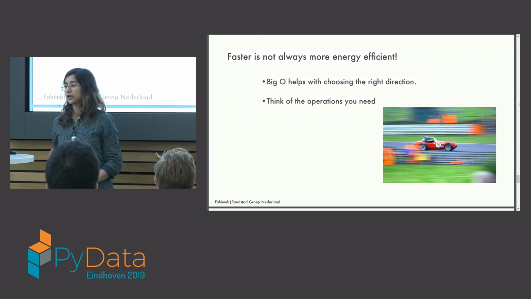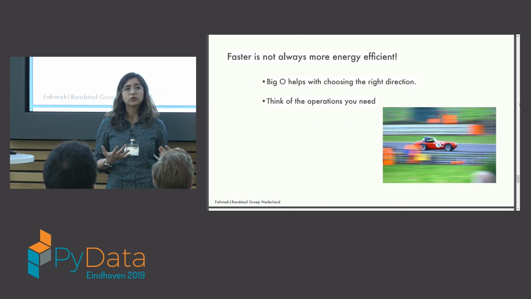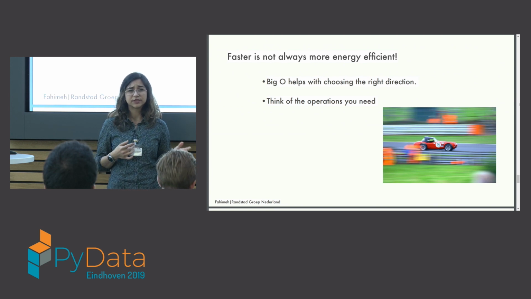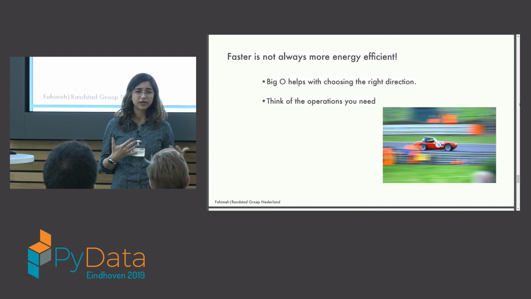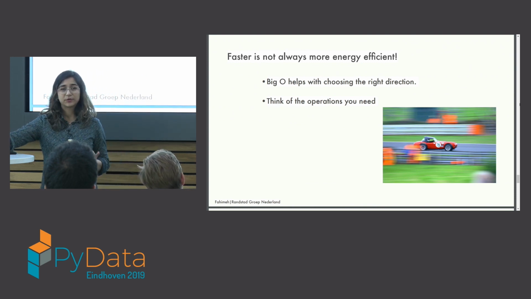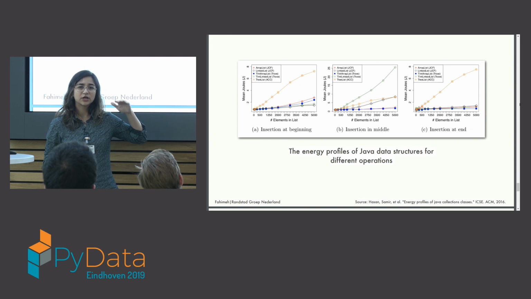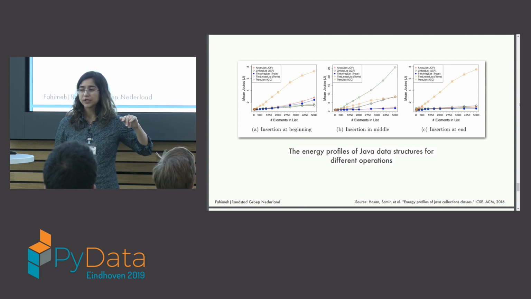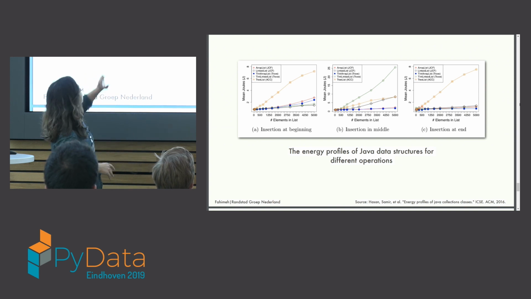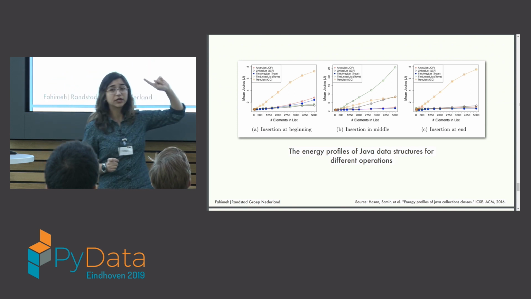For data structures, looking at the big O and the complexity of the data structures and the operations would help a lot in finding the right way. You also need to be careful about the operations you do on different data structures. For example, this research compares different collections in Java across 3 different kinds of operations, like inserting one item at the beginning, in the middle of the collection, or at the end.